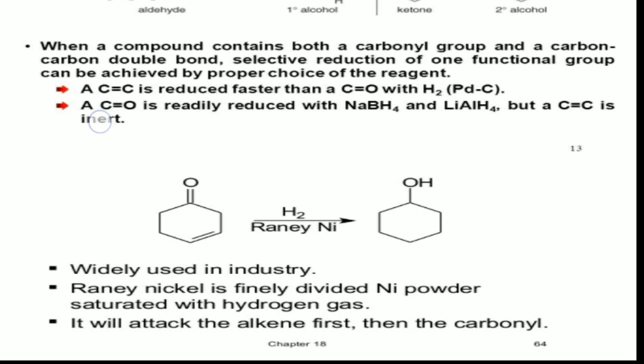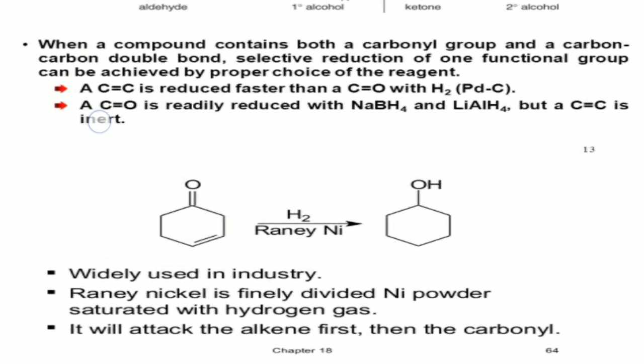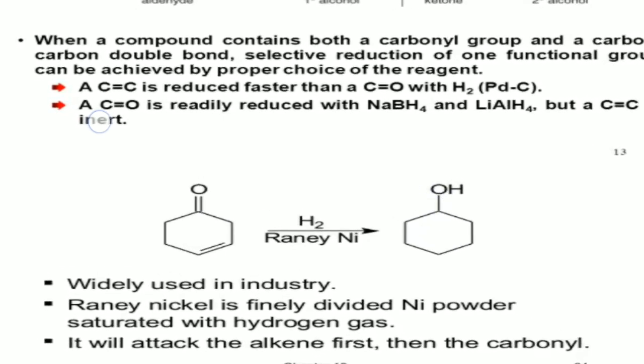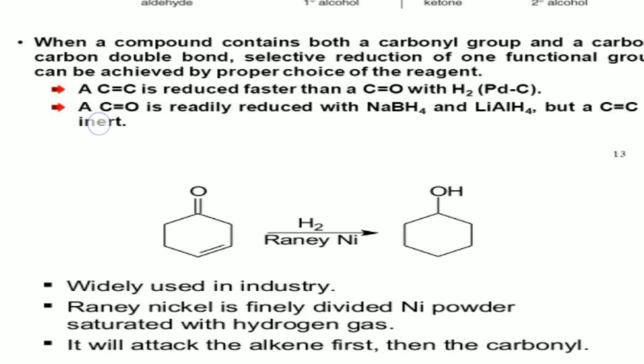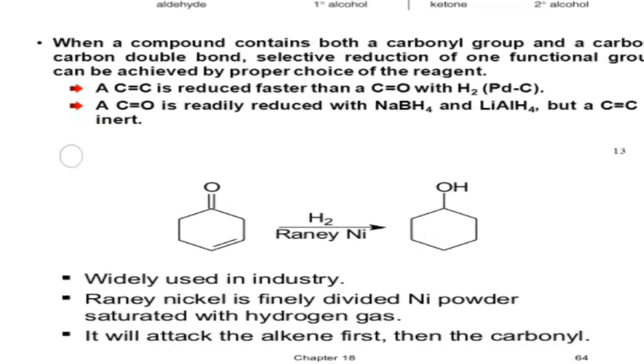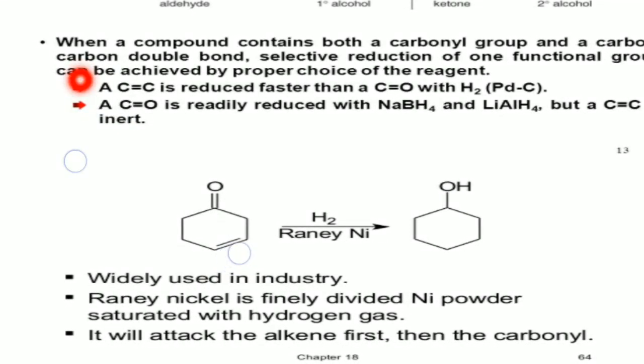Raney nickel can also be used to reduce ketones, and here that ketone is reduced to the corresponding alcohol. At the same time, if that ketone molecule contains a carbon-carbon double bond, that double bond can also be reduced to a single bond.